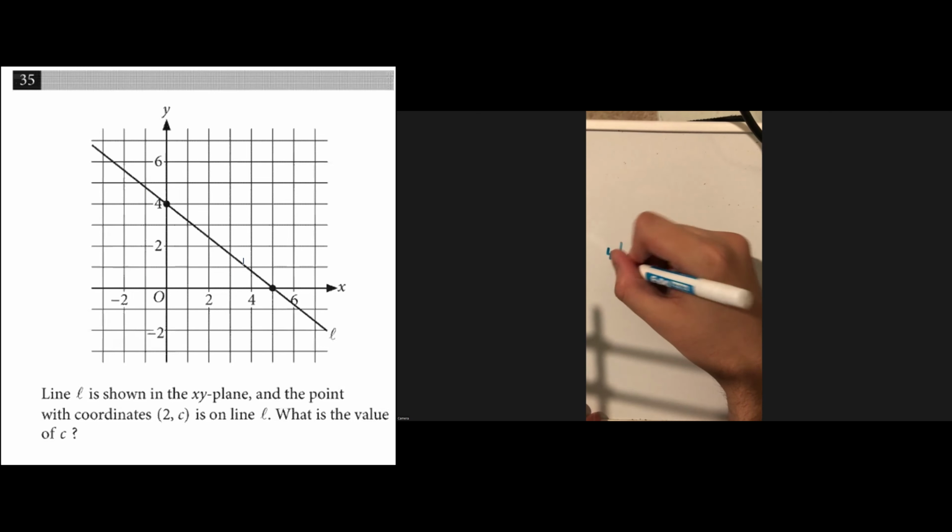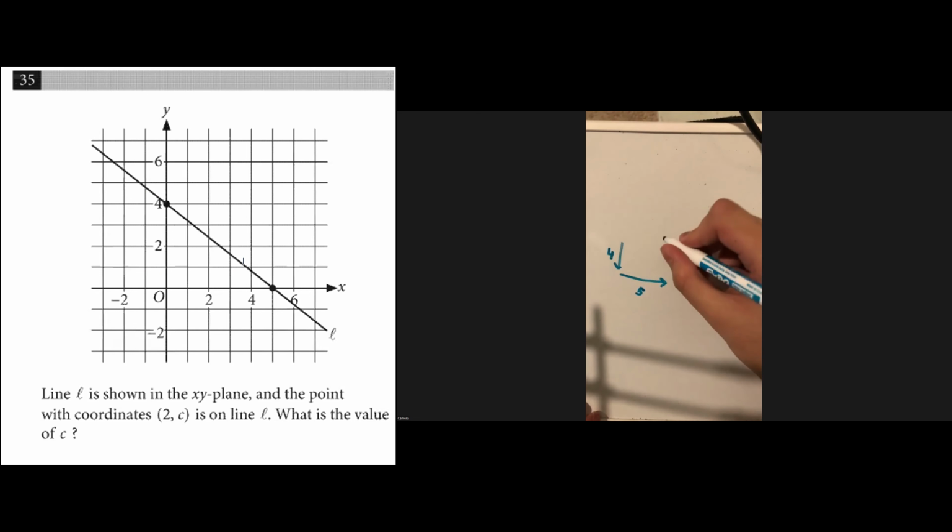What you want to do is see the points they gave, at 0, 4 and 5, 0, and calculate the rate of change, or the slope. The graph goes down 4 and right 5, which means every time it increases by 1, it goes negative 4/5.